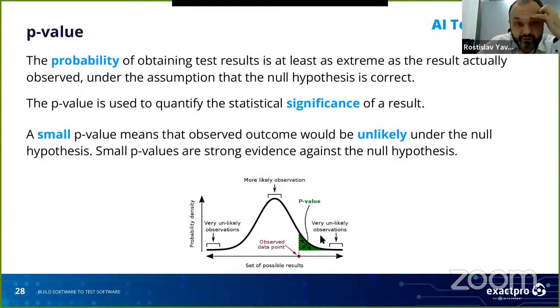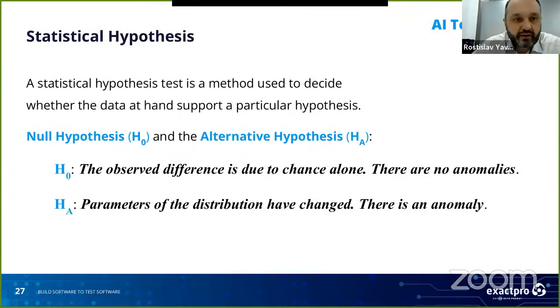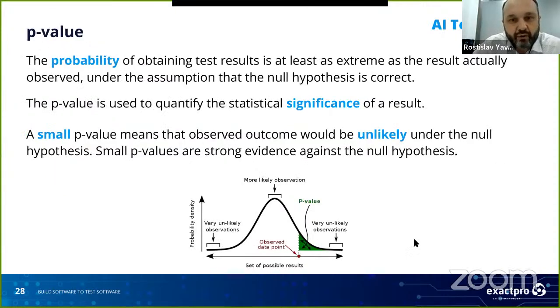If p-value is small, if this area is small, that means the probability that everything goes well is quite low. So it means that your outcome is really unlikely under the null hypothesis. But let me remind you that null hypothesis is that everything goes okay. So if you have a very small p-value, then most probably you have an anomaly.